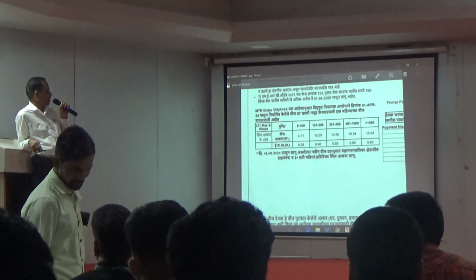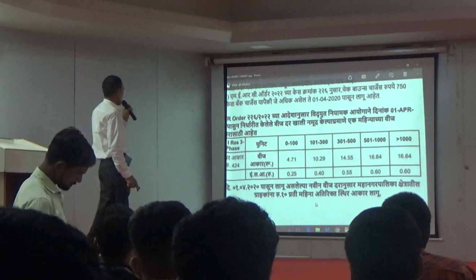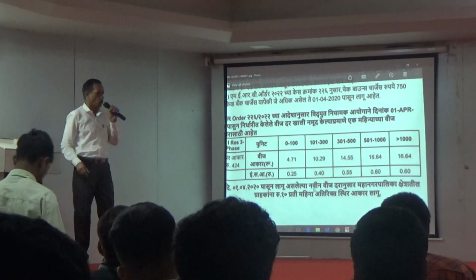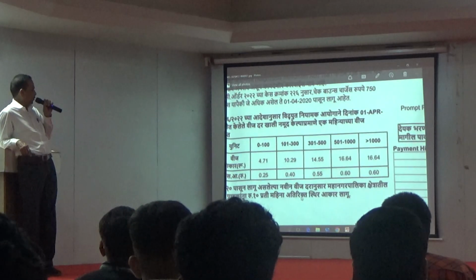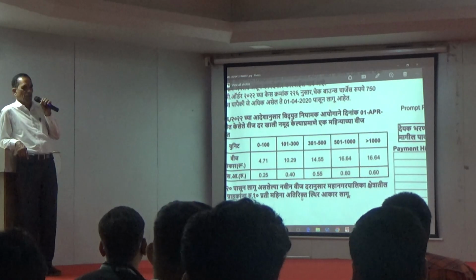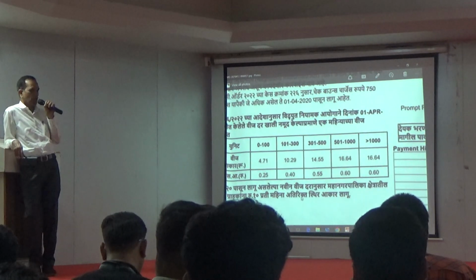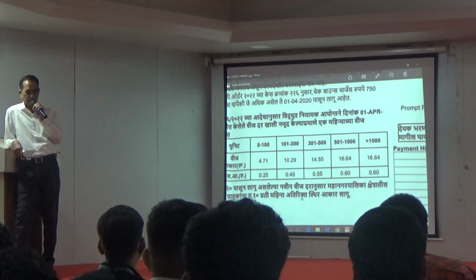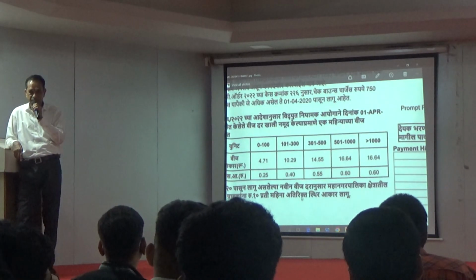Now, if you see this, the first category 0 to 100 is 4.71 rupees per unit. So you have to read your bill very carefully. The earlier 100 to 300 category has moved straight to 10.29, and 300 onwards is almost near 15 rupees.